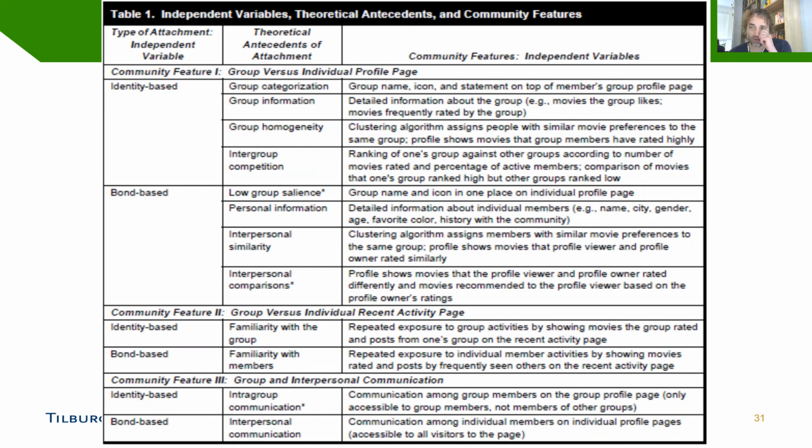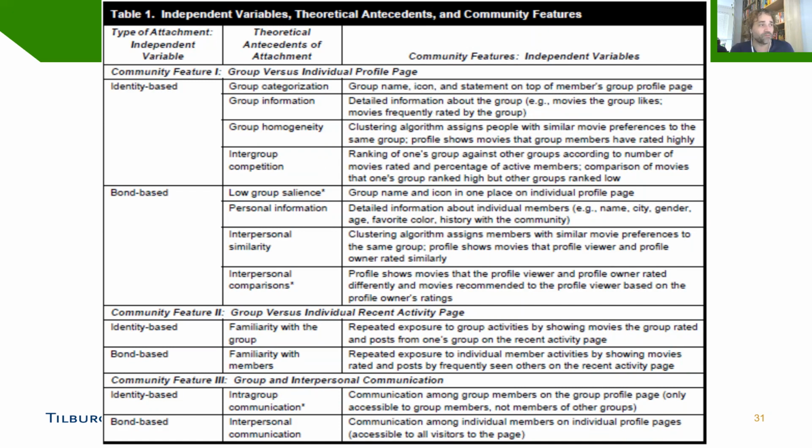One half of the people saw only common identity features of the movie community. So they saw a group name, group icon, detailed information about the group, a clustering algorithm that showed group preferences, etc.